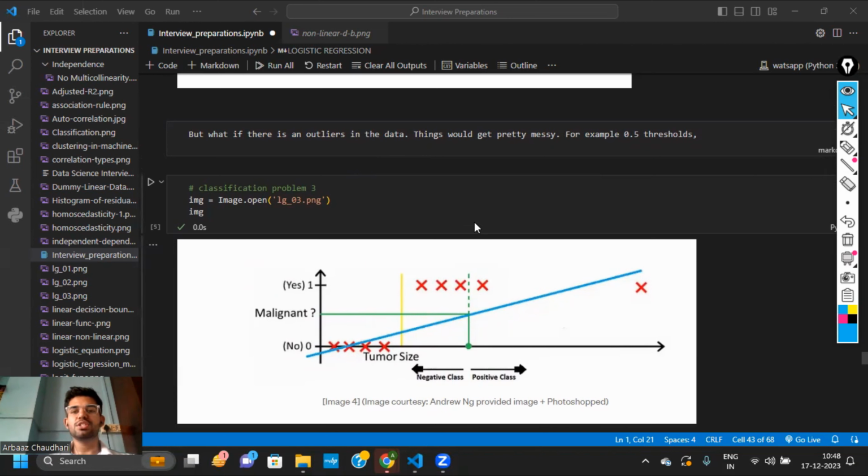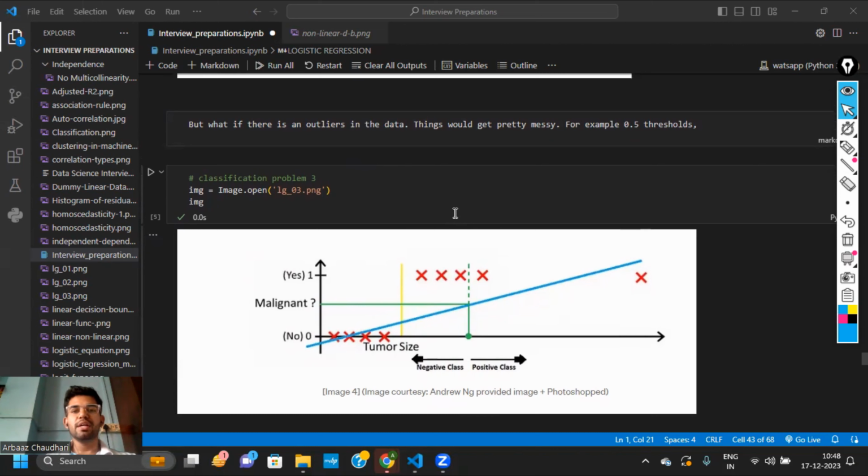So researchers and scientists came up with a new model, named logistic regression. Logistic regression is similar to the linear regression that we discussed. Let's see what happens when an outlier comes in this data, and what problems linear regression will face.